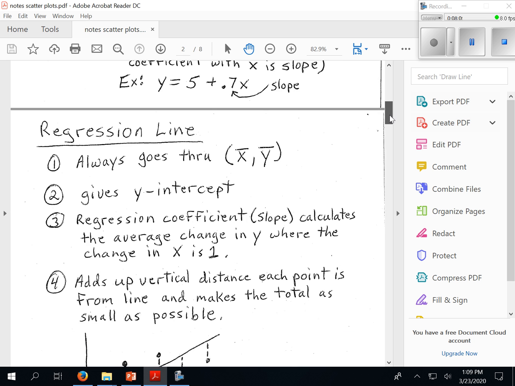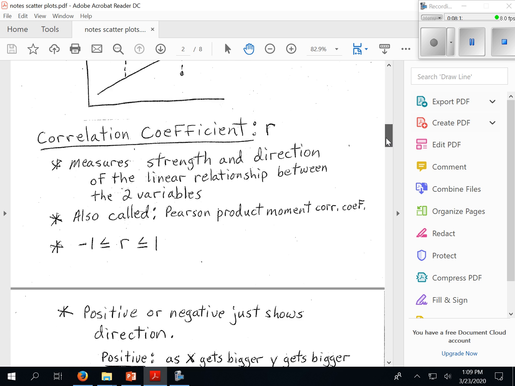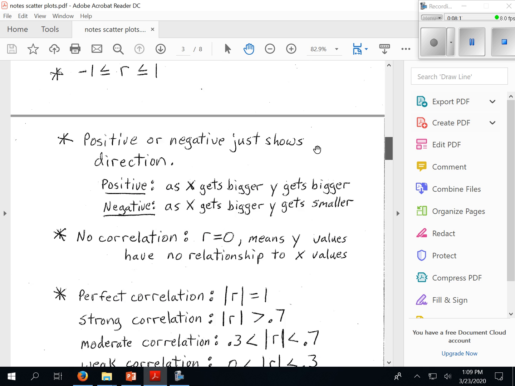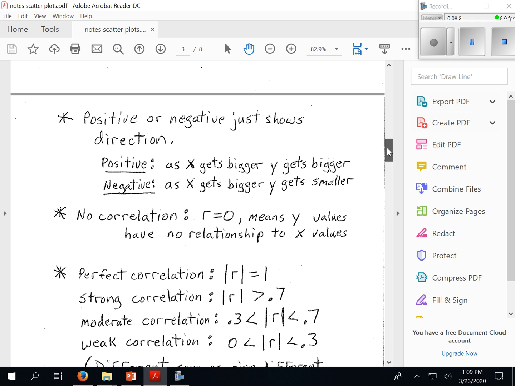We're going to talk about that here in a little while. How the regression line runs, correlation coefficient, that's R. We're going to talk just real briefly about it today. We'll talk about it more later on in other sections. Here's where we're positive or negative, just shows how you're moving. If there's no correlation, then your R equals 0.